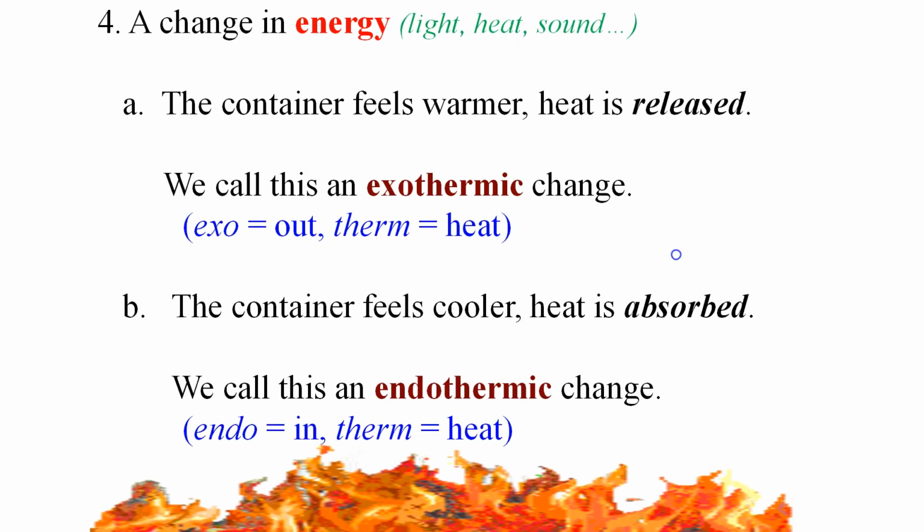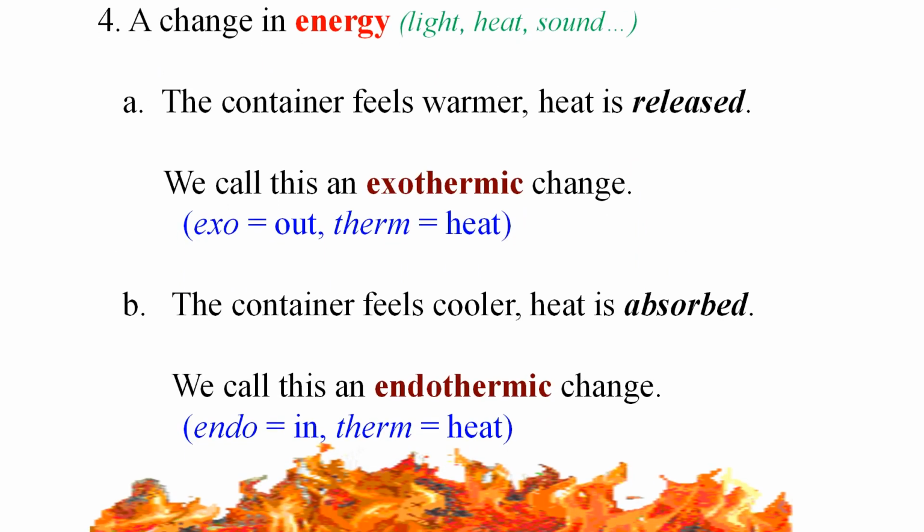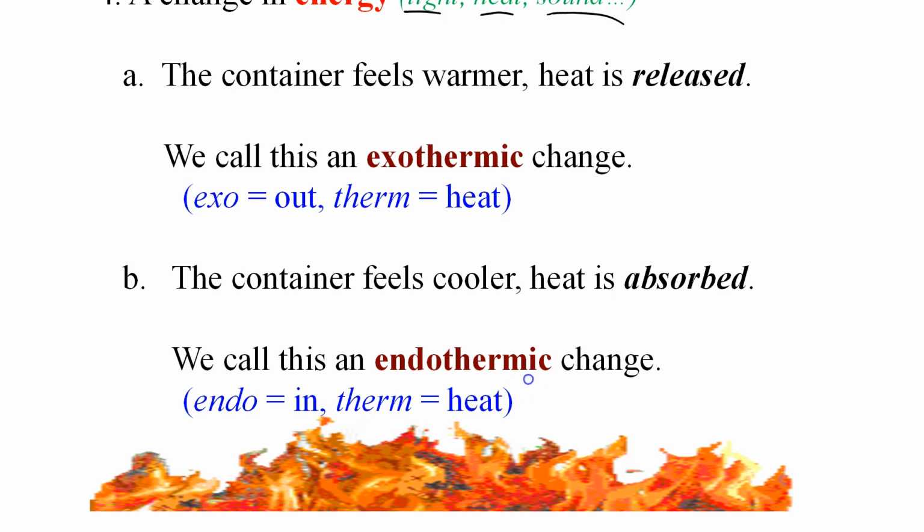You could potentially see a change in energy, and I don't mean in a more metaphorical way, like, oh, your energy has changed. I mean it gives off a light, or it gives off heat, or it gives off a sound. Hydrogen gas, if you light it, actually makes a whoop! It kind of sounds like a dog barking. It actually makes a sound.